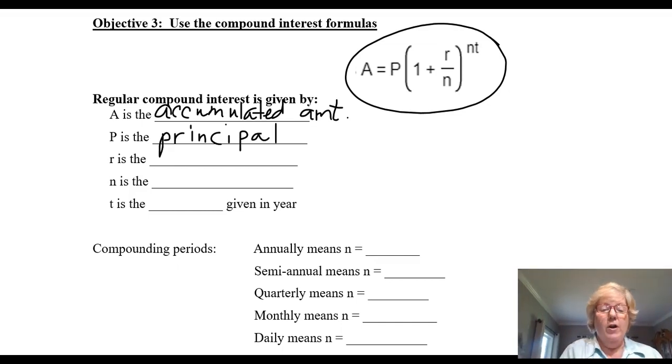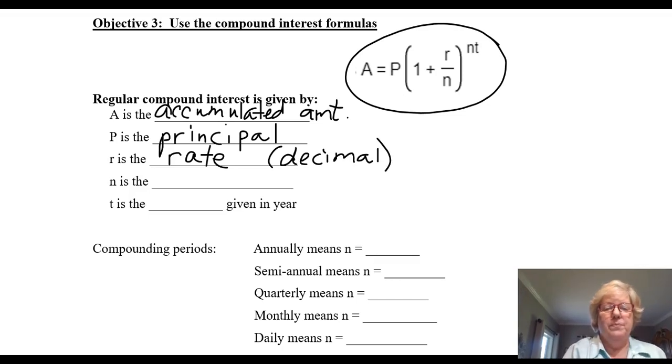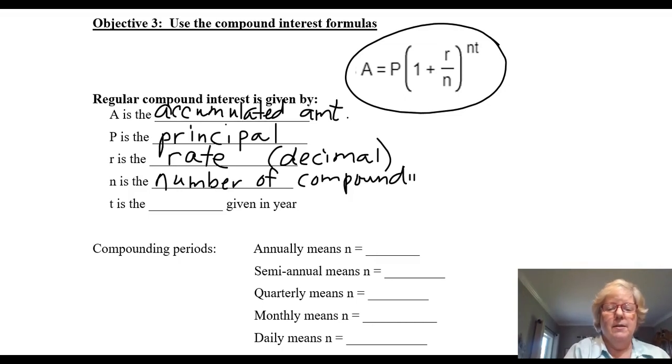R is the interest rate, and that will need to be written as a decimal, not as a percentage. N stands for the number of compoundings per year. And then T is going to be the time, and that will always be given in years.